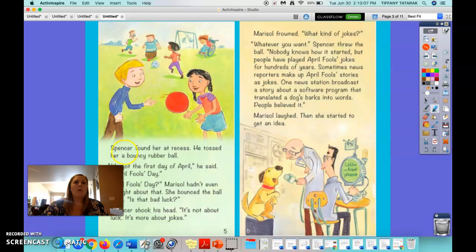So we're going to read through it, and every time we get to a quotation mark, we're going to stop, highlight it, and then move on. Okay? So we have, Spencer found her at recess. He tossed her a bouncy rubber ball. Oh, there's our first quotation mark, so I'm going to highlight that. Let me change the color. Black isn't the most exciting color to have.